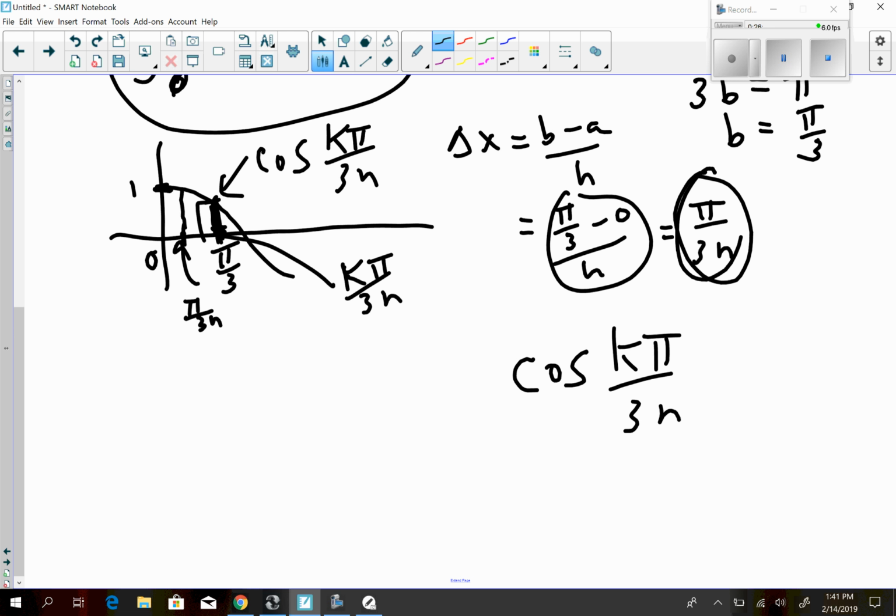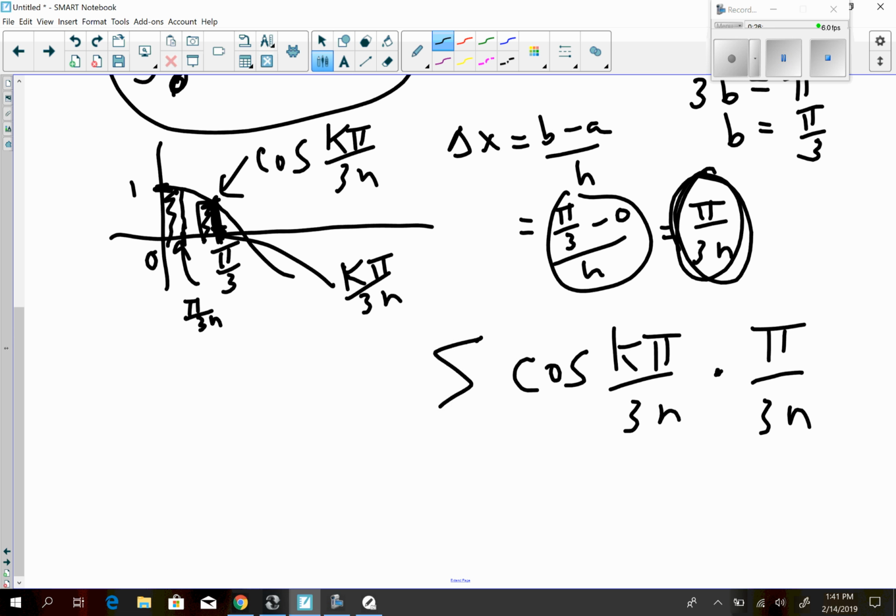And this is how wide any one of these rectangles is, pi over 3n. Length times width, that's the area of this kth rectangle. If k is 1, right here, that would be the area of this first rectangle. If k is 2, it would be the area of the second rectangle.